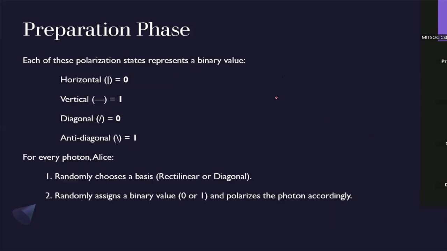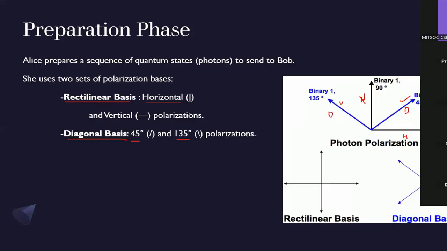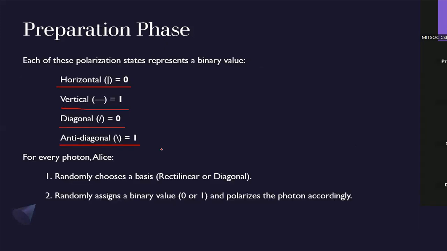So suppose we have represented horizontal as 0, vertical as 1, diagonal as 0, and anti-diagonal as 1. I can compare this with all of these photon polarizations, and you can find the same.